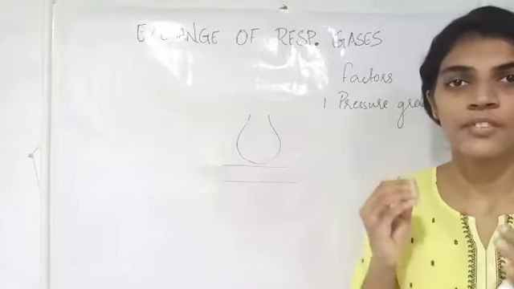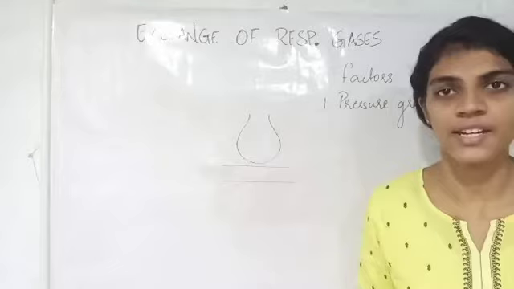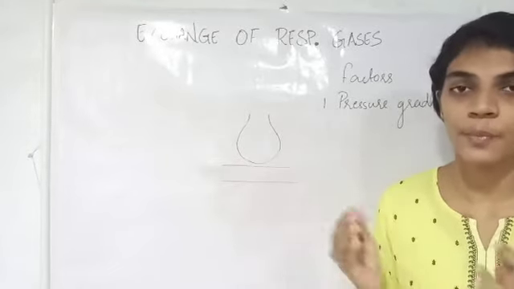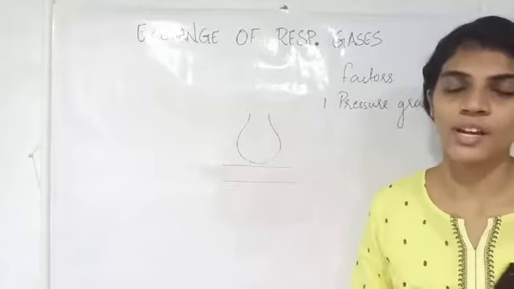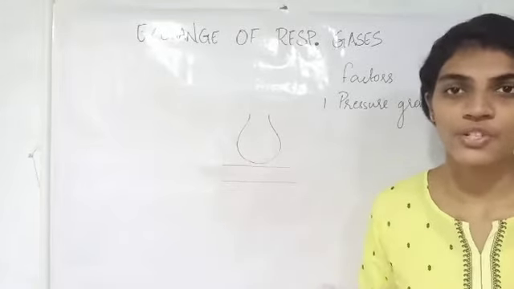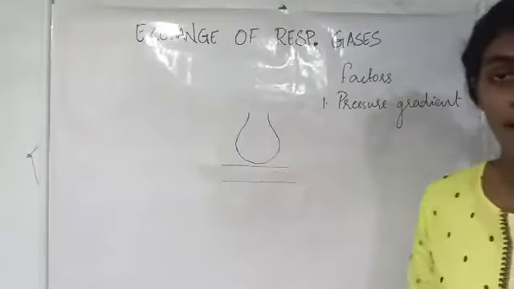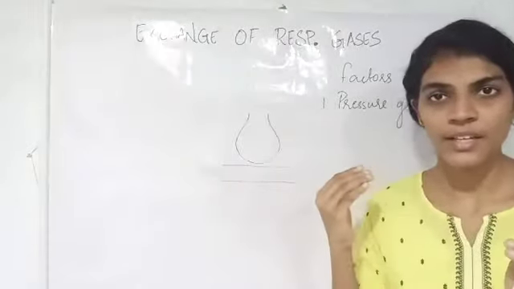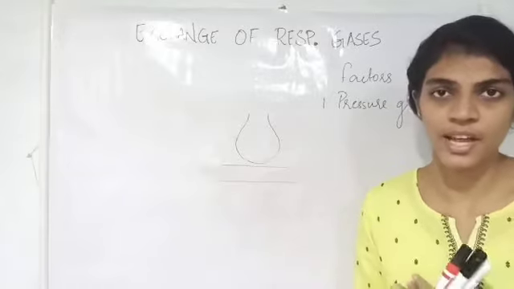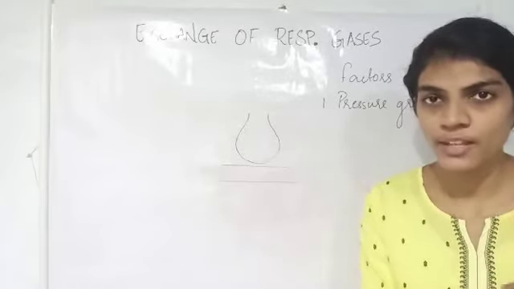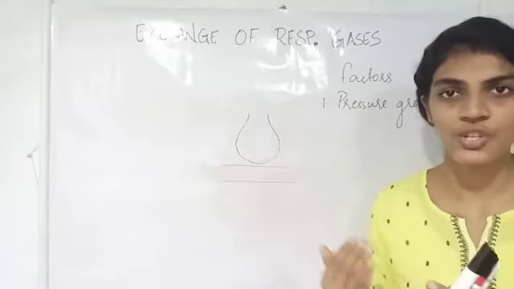So if the pressure gradient is higher, the diffusion coefficient also increases. If the pressure gradient is lower, the diffusion coefficient will also decrease. And second, at the end of this session, I'll discuss the relation between the pressure gradient and exchange of these gases.